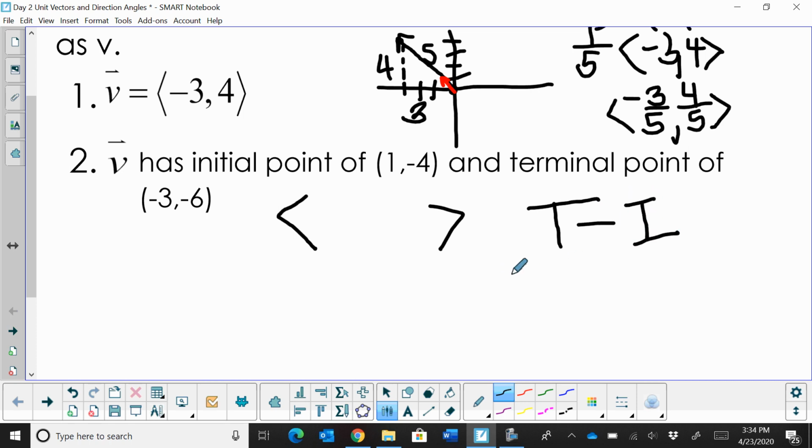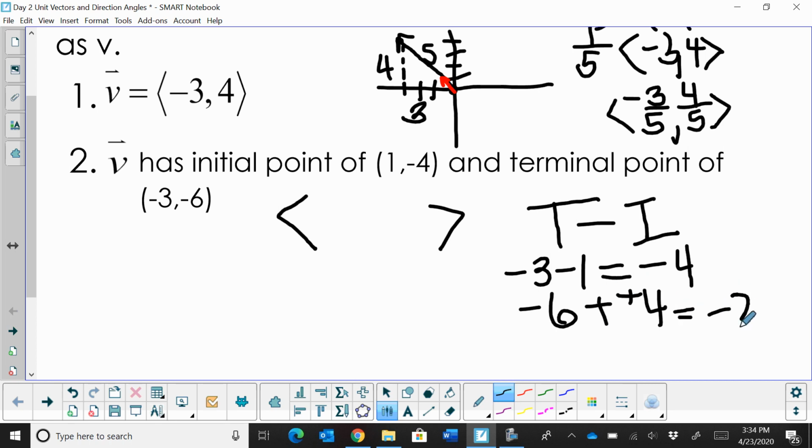So let's see, -3 minus 1. So my horizontal direction is -4. And then -6 minus a -4. Double negative becomes positive, so that's going to be -2.